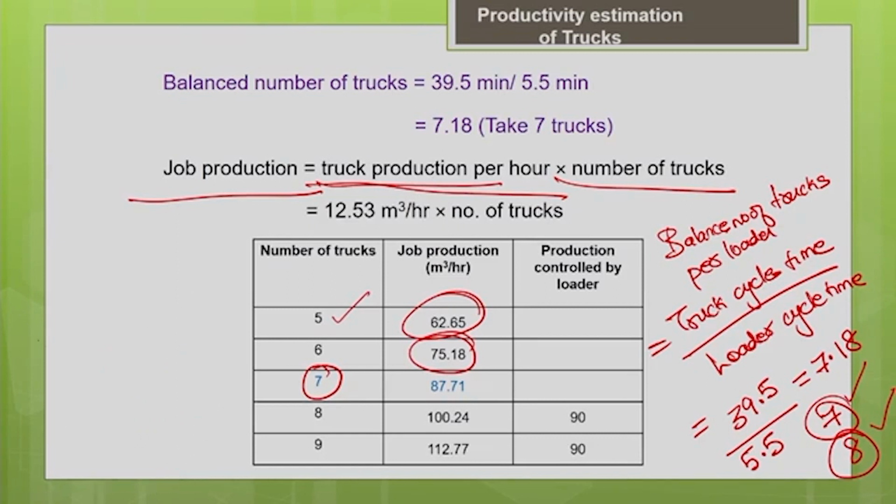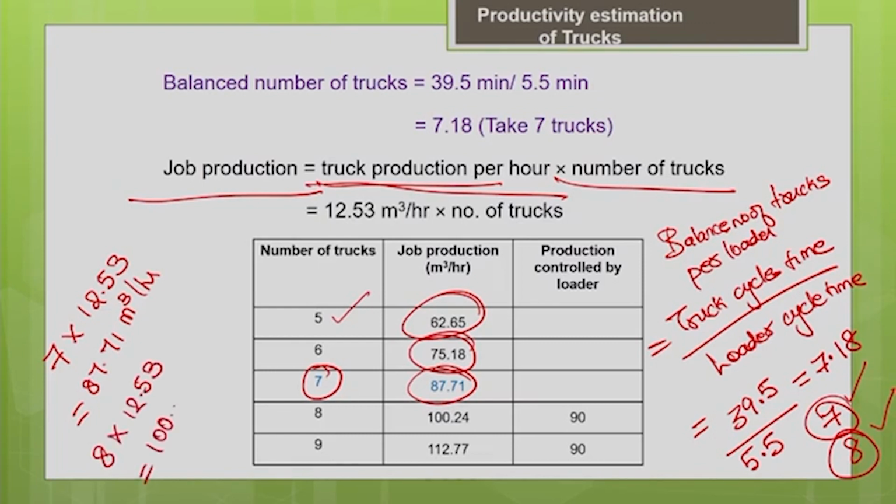When the number of trucks equals 7, 7 into 12.53 gives the productivity as 87.71 meter cube per hour. When the number of trucks is 8, 8 into 12.53 gives 100.24 meter cube per hour.